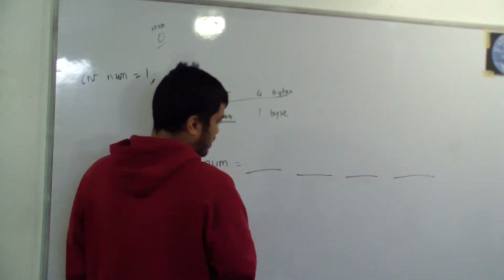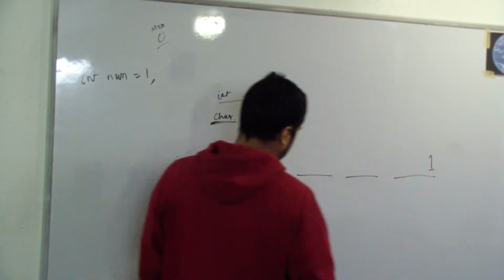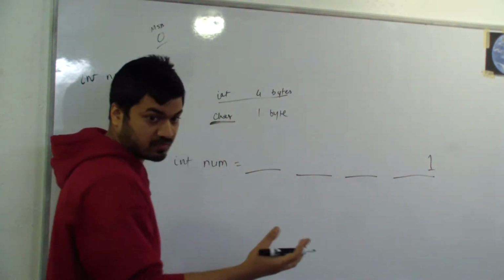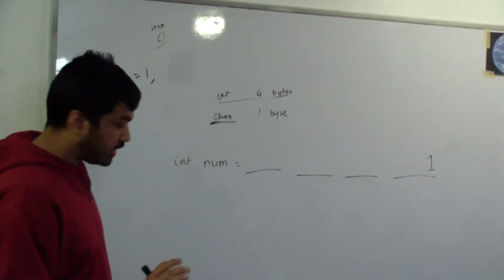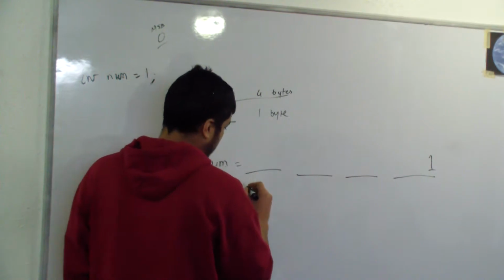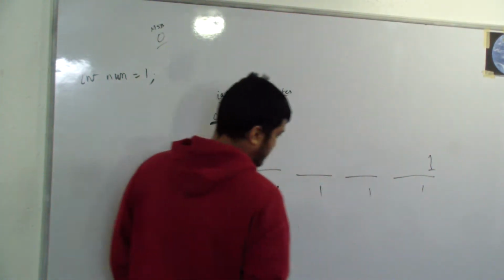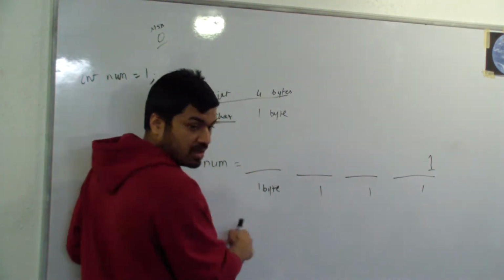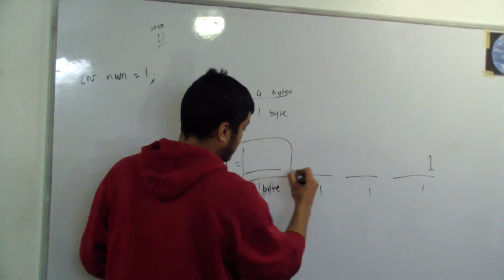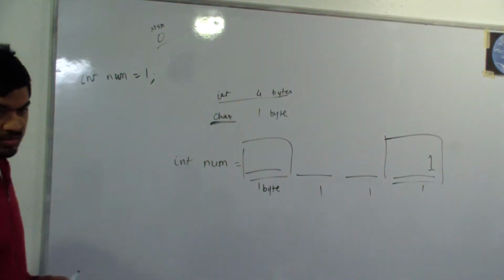Now, depending on the Endianness, the 1 will be set here or here. Since it is positive, the most significant bit will be 0. So this is 1 byte, this is 1 byte, this is 1 byte, this is 1 byte. Now, if I wanted to get one character out of this, if I take either this one character or this one character, will I figure it out, from the left side or from the right side?